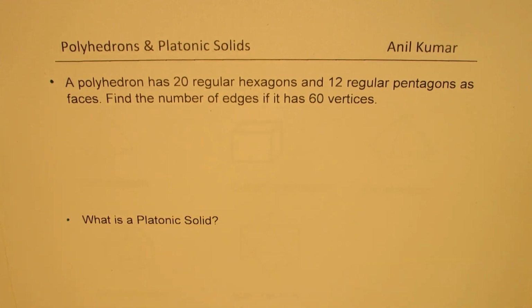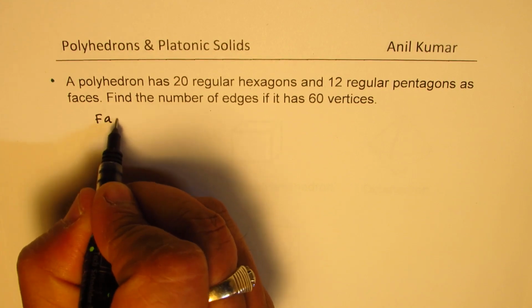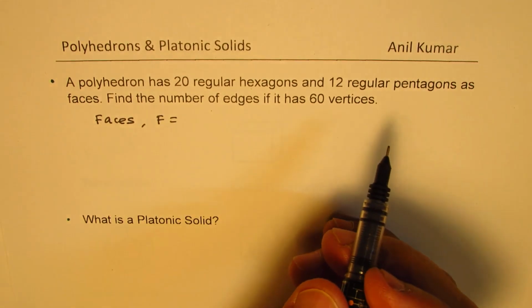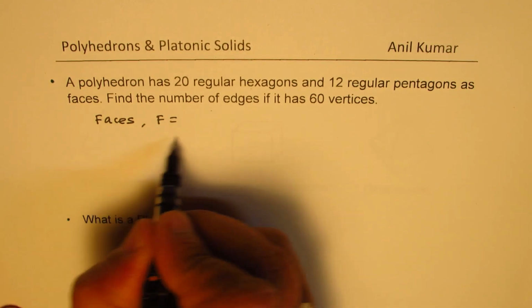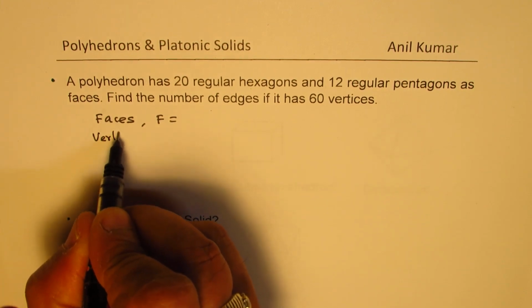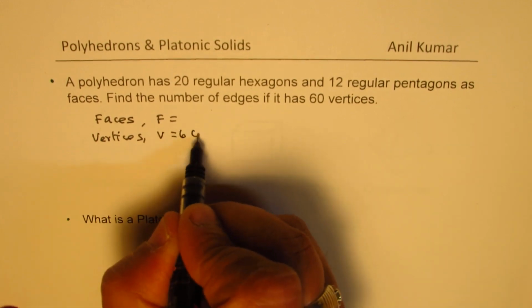I'd like you to pause the video and answer this question. So F is given to you, and the number of edges we don't know. Vertices we are given, so V is 60 for us.